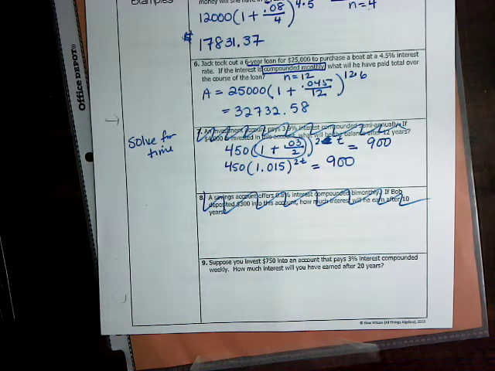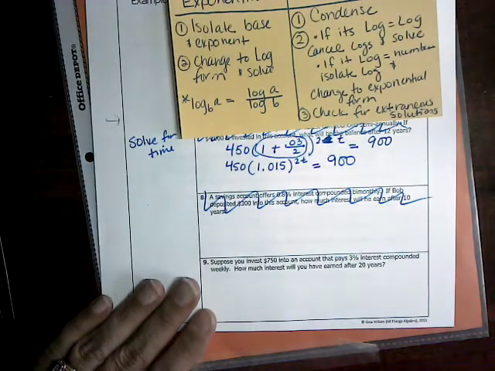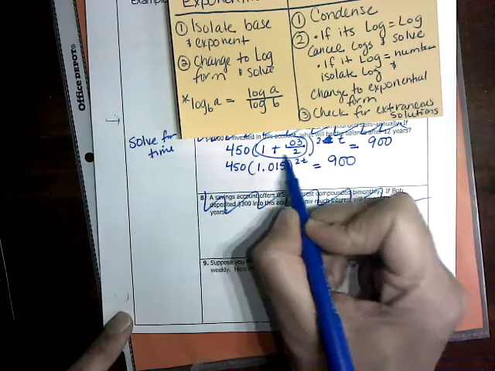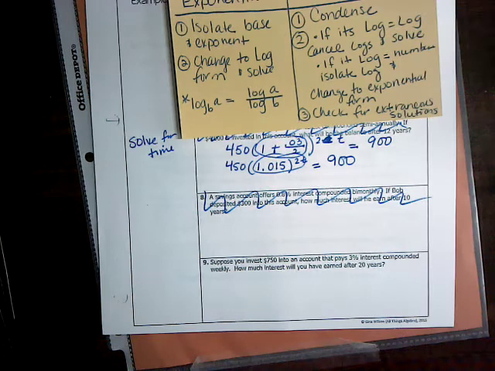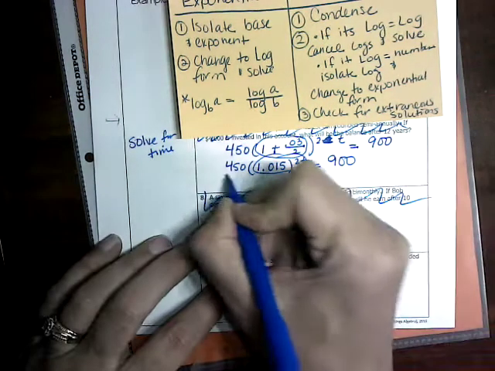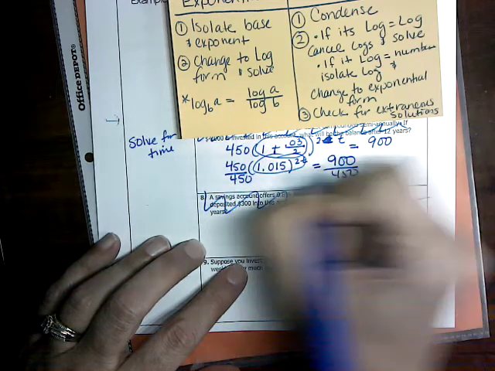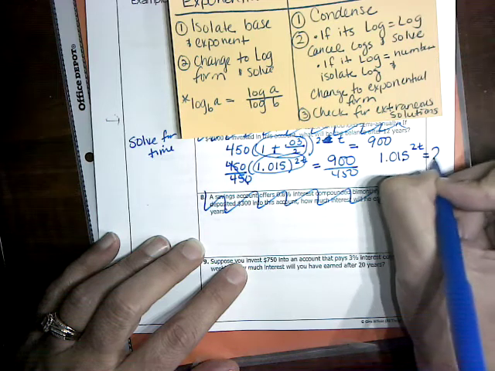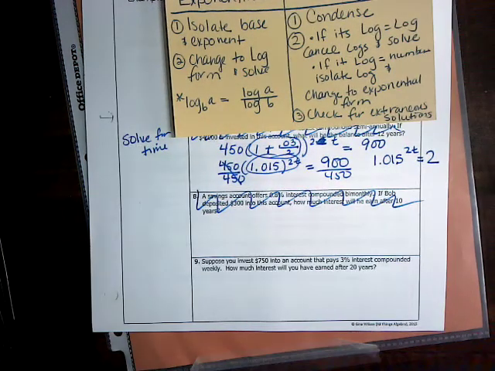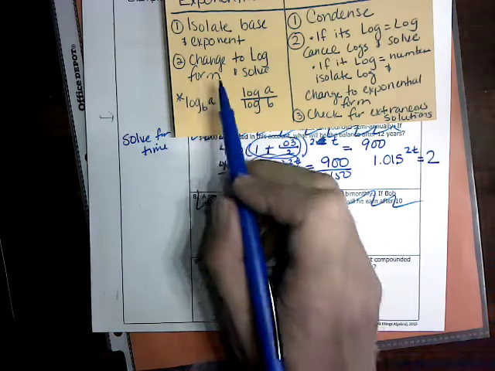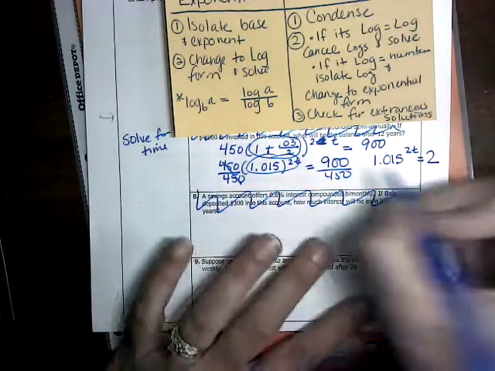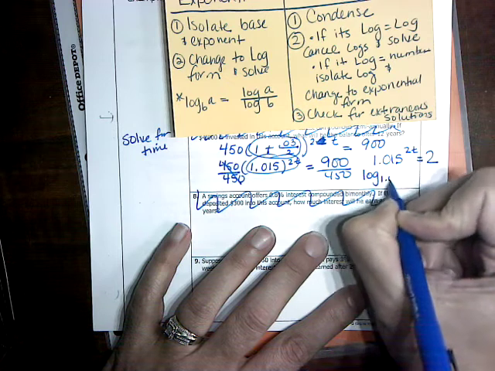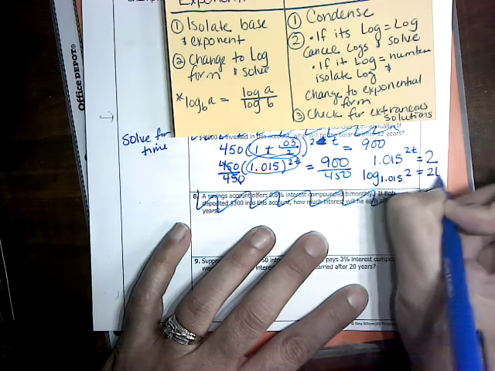In order to solve an exponential equation, we want to isolate the base and the exponent. So that means we need to divide both sides by 450. Now we have 1.015 to the 2t power equals 2. The next step is to change to log form and then solve. So that would be log base 1.015 of 2 equals 2t.